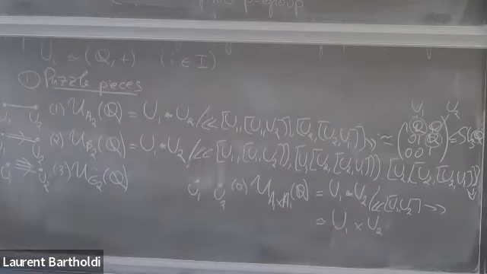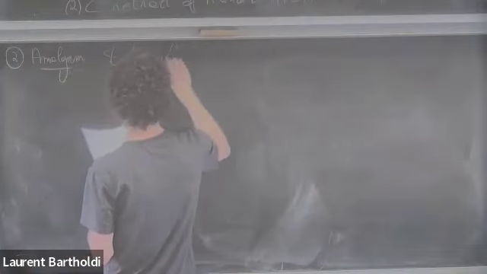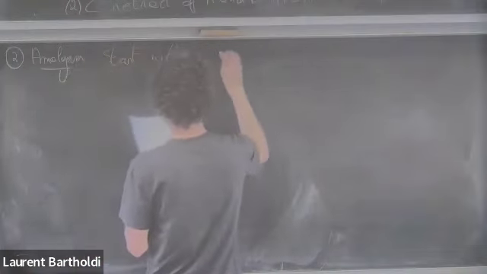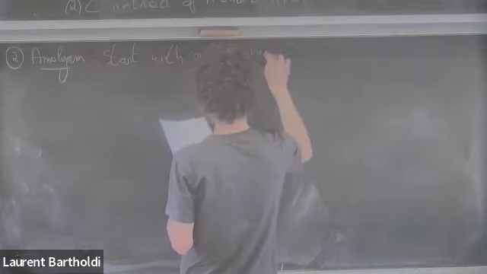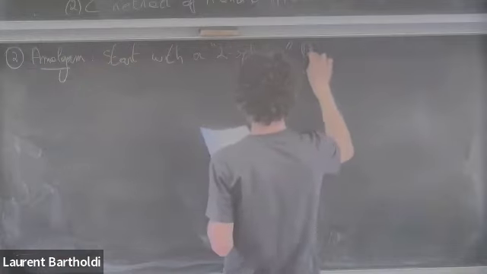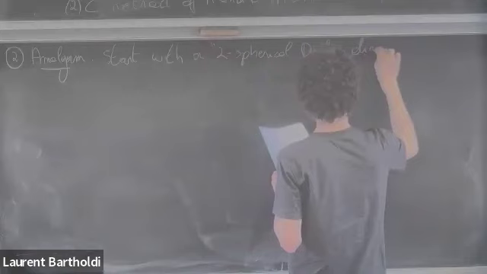So these are my puzzle pieces. And now, how do I construct my amalgams there? I start with a so-called two-spherical linking diagram. So what's that?